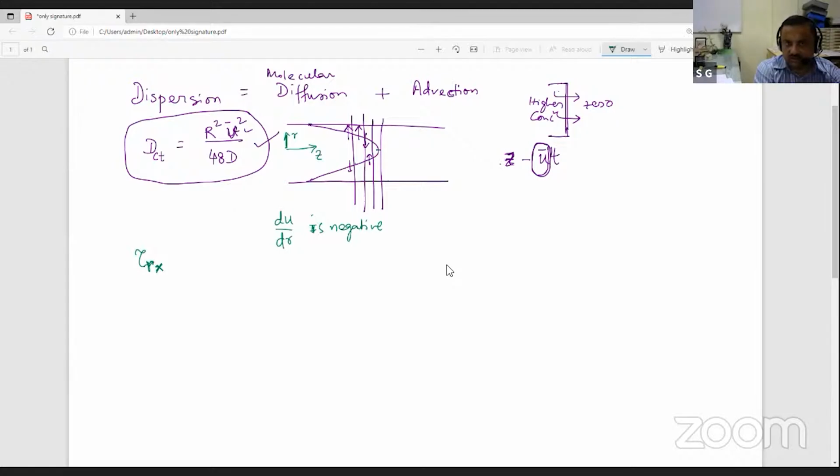If I have a layer, and this layer is applying a shear stress on the plane below, this plane will have a direction normal to it. This would be the normal direction n hat, which happens to be in the negative r direction.